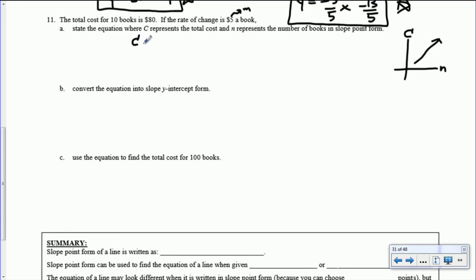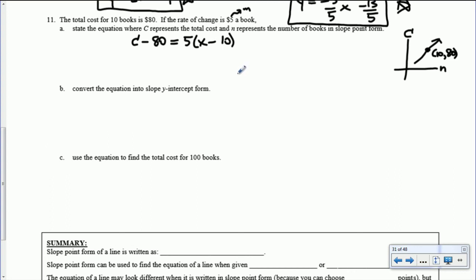Our point here, 10 books is $80, so we have 10 comma 80. So 80 is my y value, 5 is my slope, x minus 10. So that's point slope form.